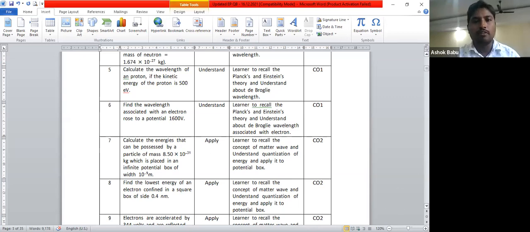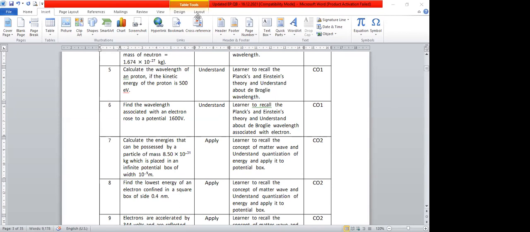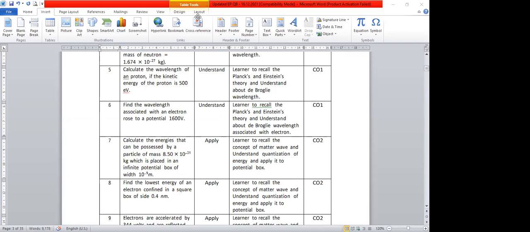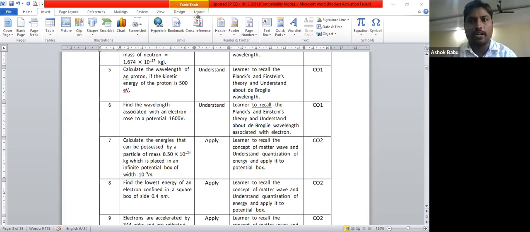So what is the relation between E1, E2 and E3? Again I'm asking the question, what is the relation between the energies E1, E2, E3? E2 equals 4E1, E3 equals 9E1. You're right. So E1 is to E2 is to E3 equals 1 is to 4 is to 9. By substituting n equals 1, we get the ground state energy level, nothing but E1.